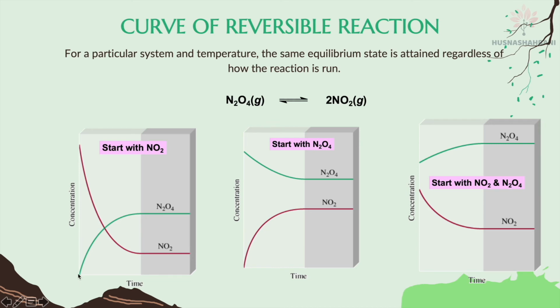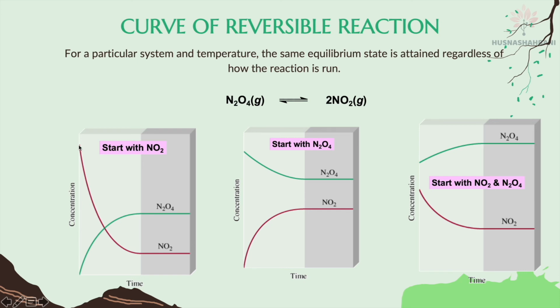N2O4 concentration is 0 initially. At time 0, when you haven't started the reaction, there is no reactant because you start with the product NO2. If you start with the product NO2, you need to have a particular concentration of the product, so that's why it starts at a higher concentration.